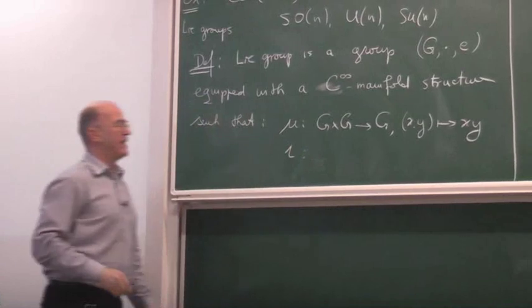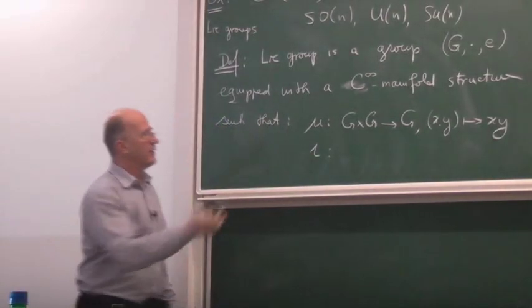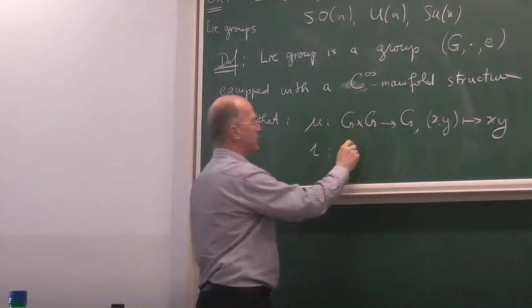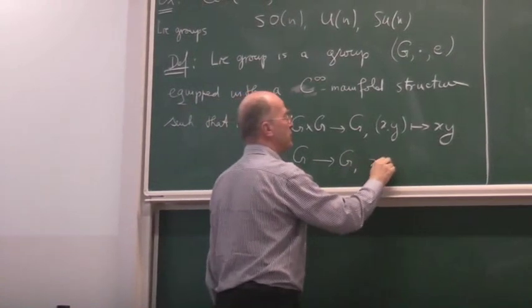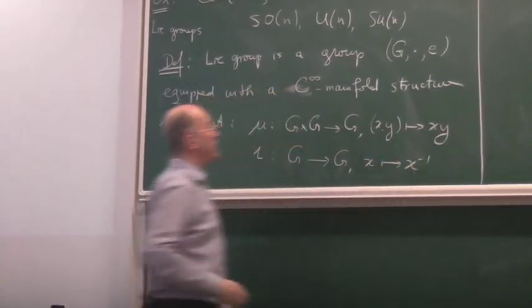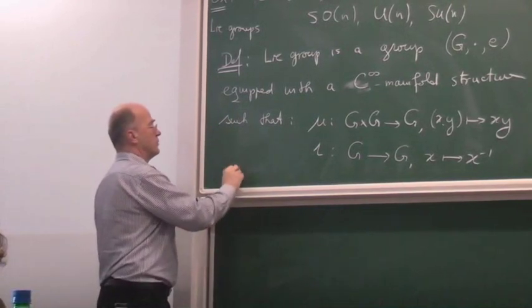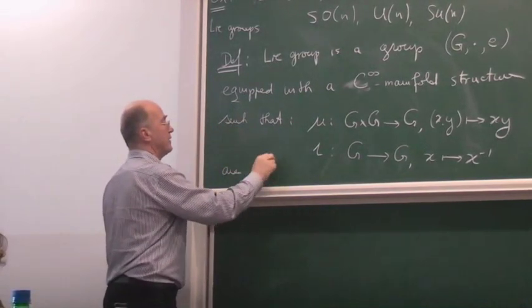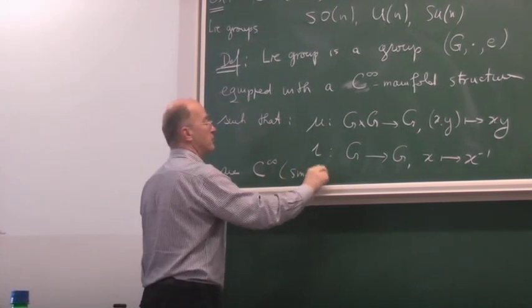And let's say iota, since I'm using a Greek letter here too, the inversion map, x goes to x inverse. These two maps should be smooth. I'll often abbreviate this as smooth.